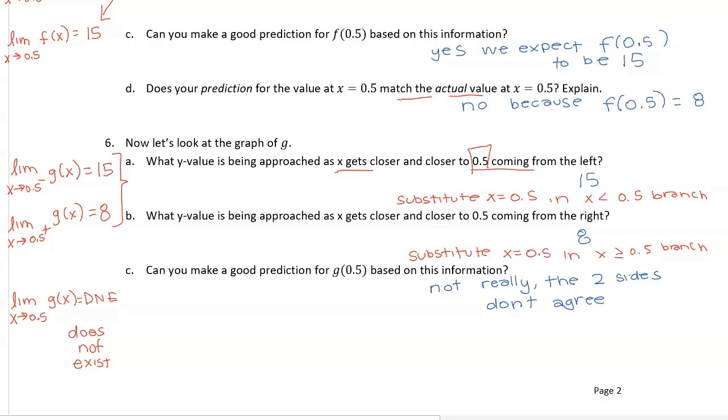It doesn't exist because the limit as x approaches 0.5 from the left does not equal the limit as x approaches 0.5 from the right. Another way we could say that is there is no clear intended value.